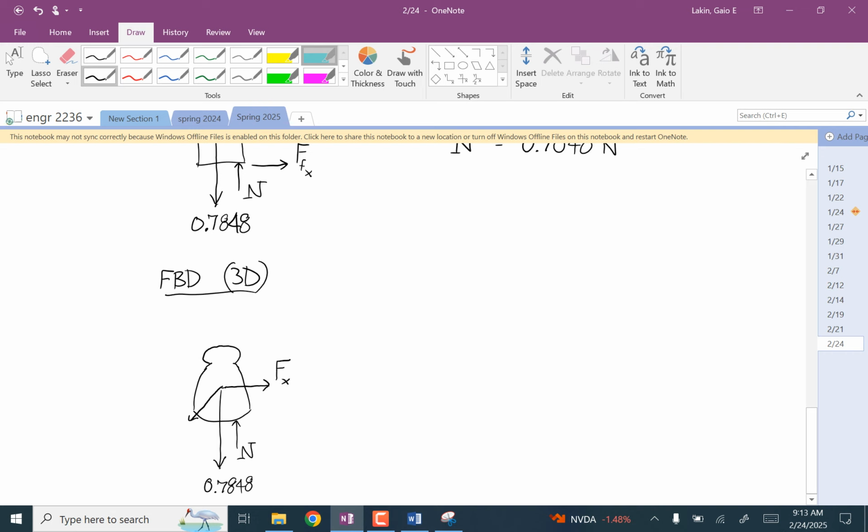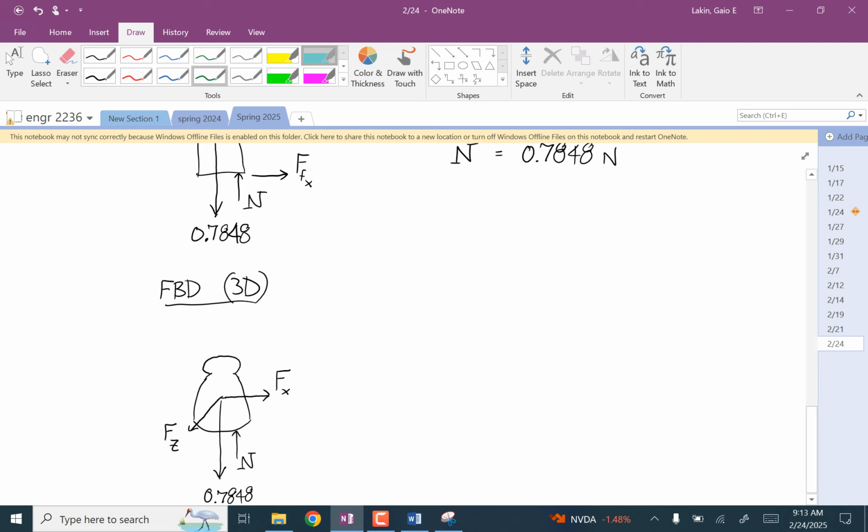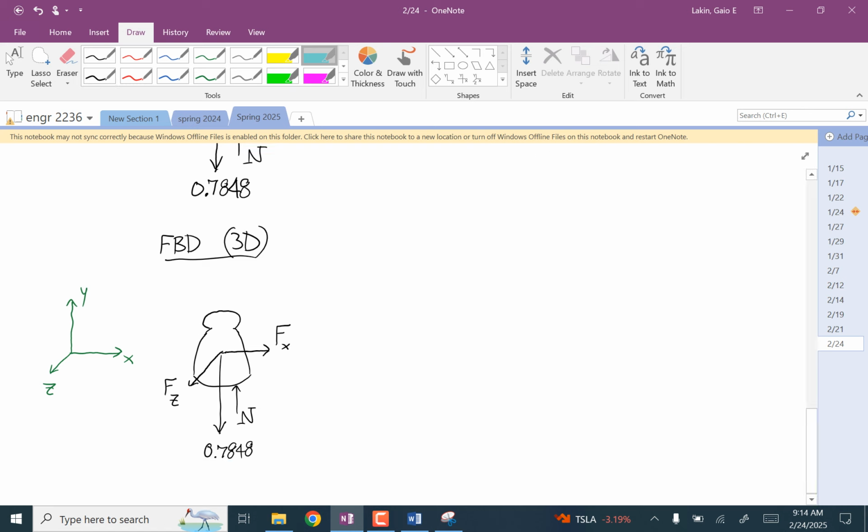That's an x component and a z component. And those are all the forces. Are you with me? The coordinate system is like this.